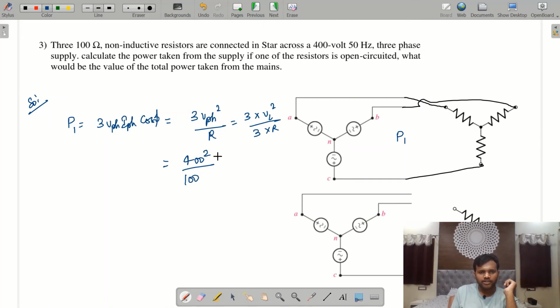So we get 1600 into 100 divided by 100, so at last 1600 watts. So the power delivered in case 1 is 1600 watts.